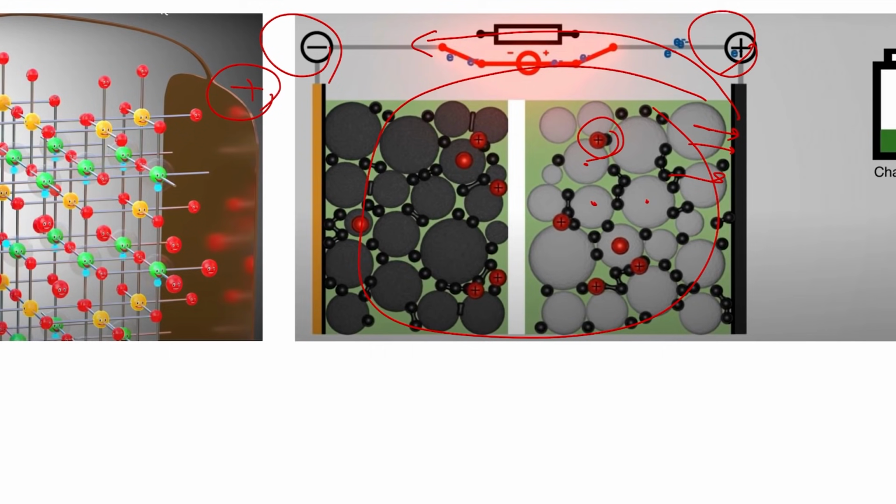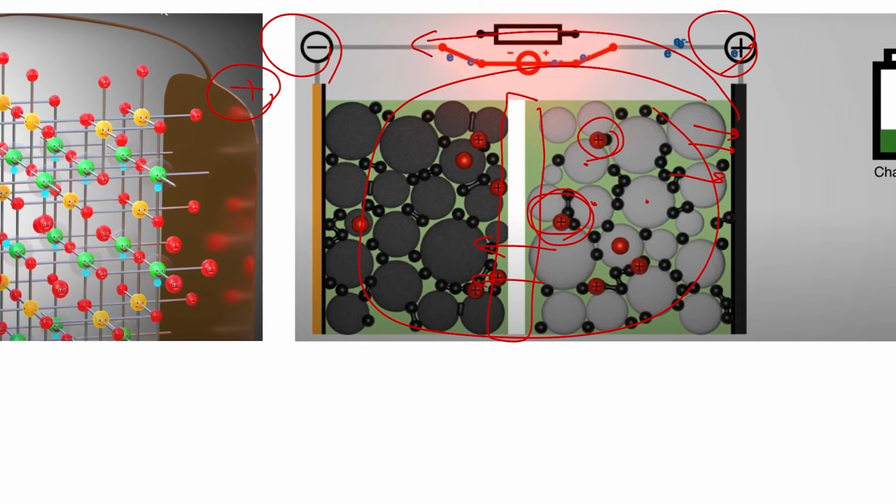But the holes, or the positively charged lithium ions, will percolate into the electrolyte and enter the other side of the battery via this electrolytic membrane. So both of them enter the other side, but only the path is different. The electrons reach via the wires, and the positively charged lithium ions enter through this electrolytic membrane.